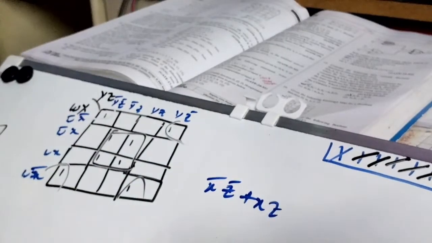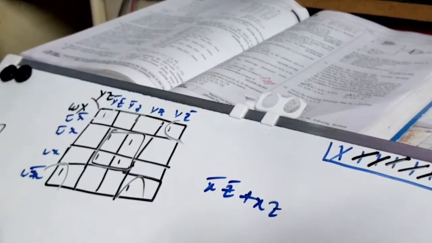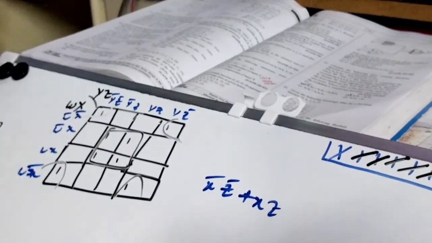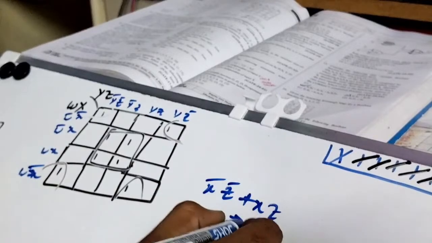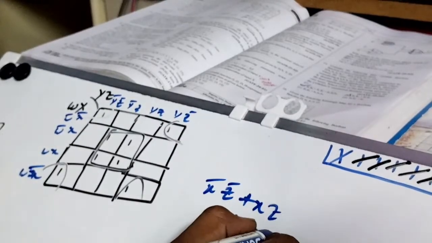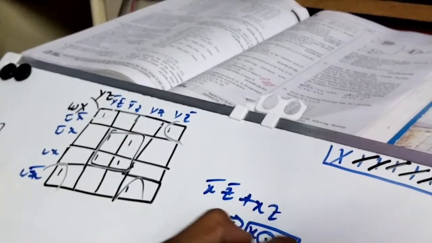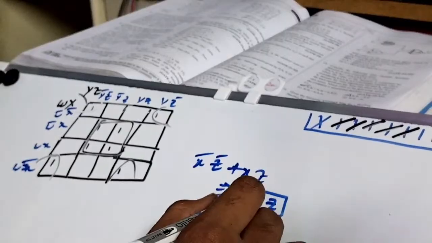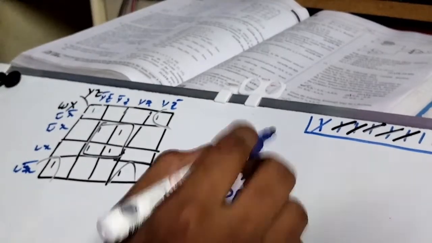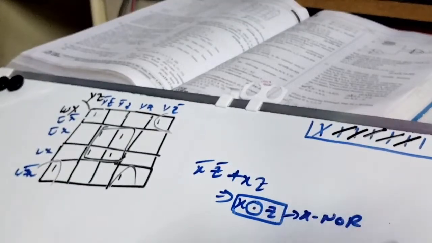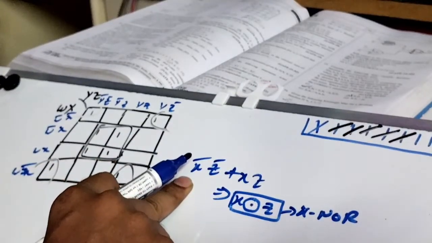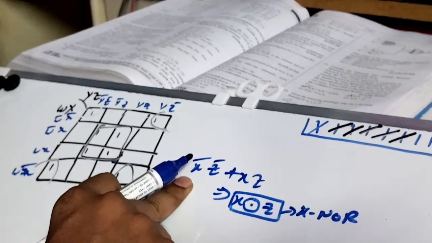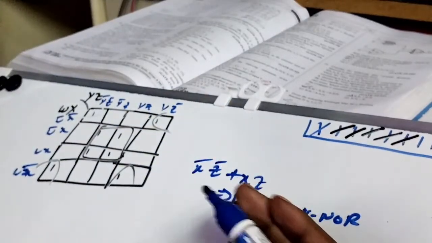As a combination, X is common and in these two Z is common. So this will become X not get. We can just say this because either both terms will be false or both terms will be true.